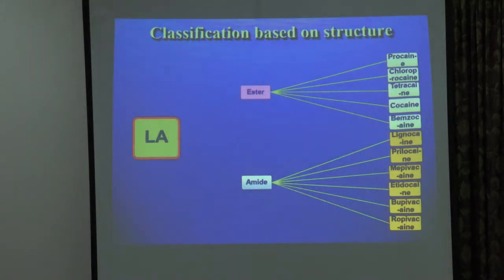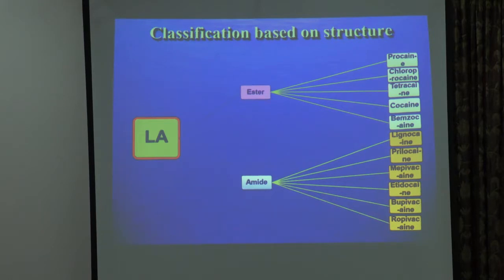So based on the structure, as I said, you have the esters and then the amides. The common ester that probably you need to know is cocaine, but in clinical practice we don't even use it as a local anesthetic anymore. It used to be used in ENT and others, but now they don't use it anymore.